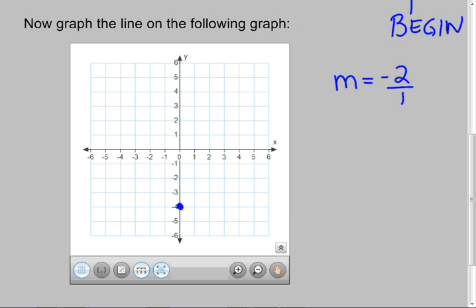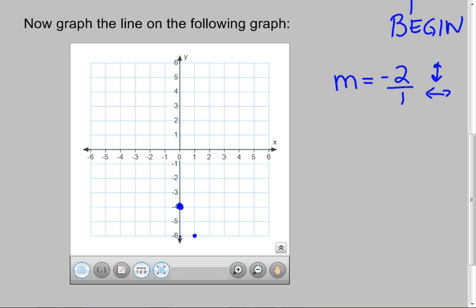1. Excellent. Now, do you want to do the up-down first or the over right-left first? This is the up-down. This is the over. I don't care. You want to do the up-down first? That's not how you were taught. I always like to do the over first. Well, we'll do the other one. So we're going to go down how many? 2, and then, because that's positive 1, to the right, 1.